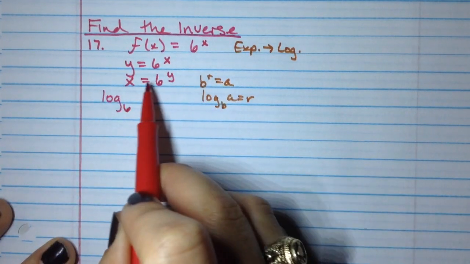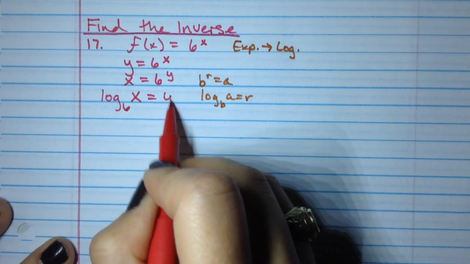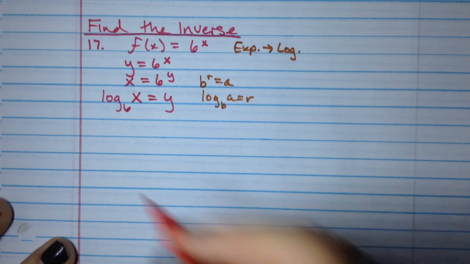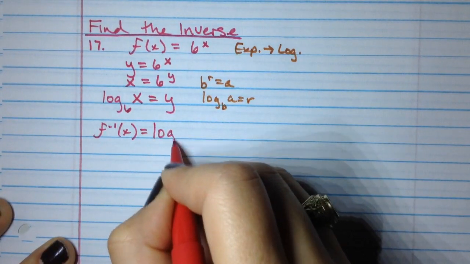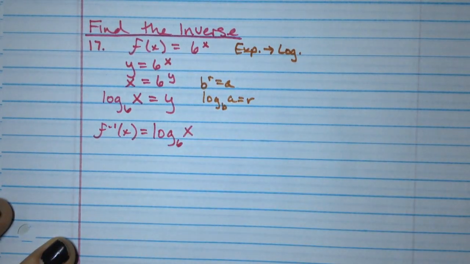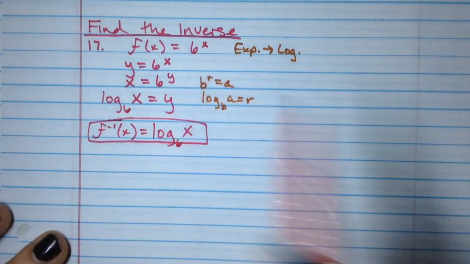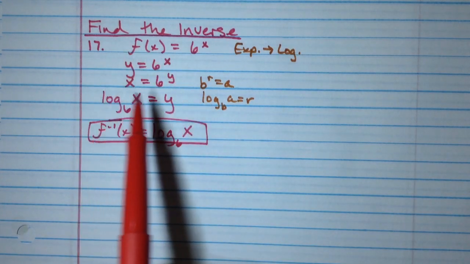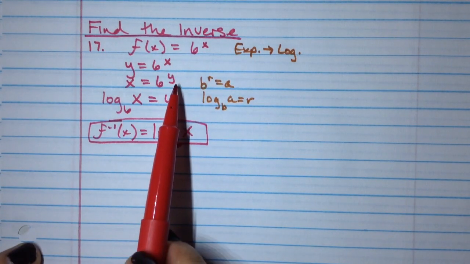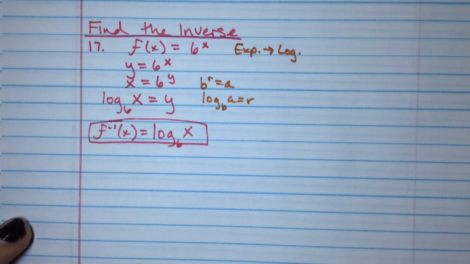The a is on the outside, equal to y. So my inverse, f inverse of x, is actually log base 6 of x. This is the inverse function to 6 to the x power. Okay, the steps for finding inverse were the same. The only difference is once we get here, the only way to get y by itself is to rewrite this in logarithmic form. That's the key.